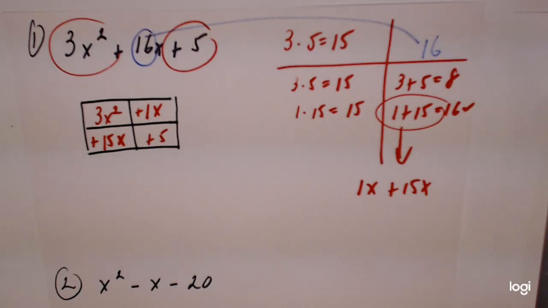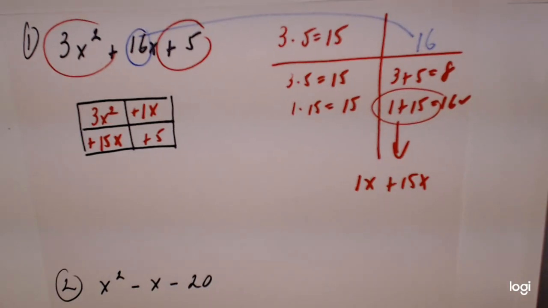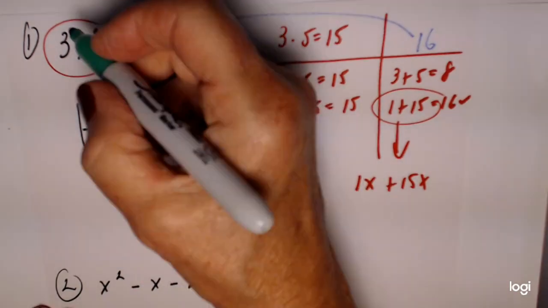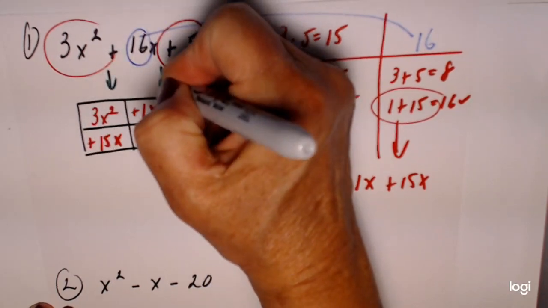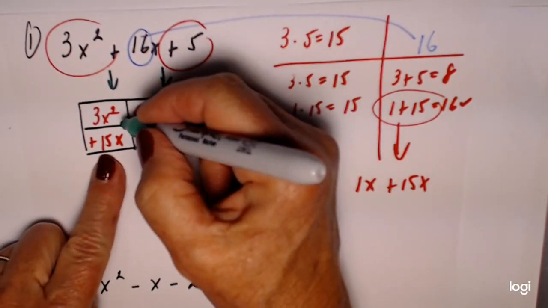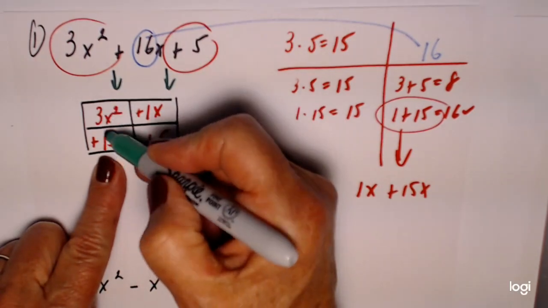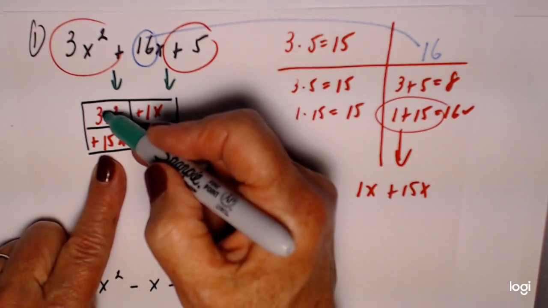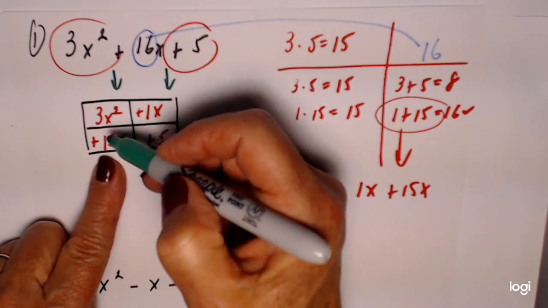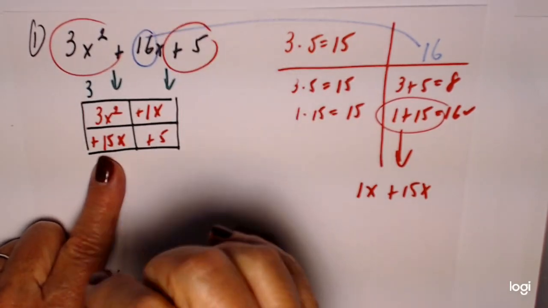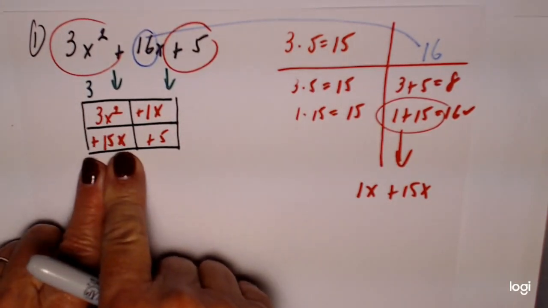So we have all 4 boxes filled in, and now we're going to look for the greatest common factor going down and down. So between 3x squared and 15x, the 3 is in common. 3 can be divided by 3. 15 can be divided by 3. So we have the greatest common factor of the 3.